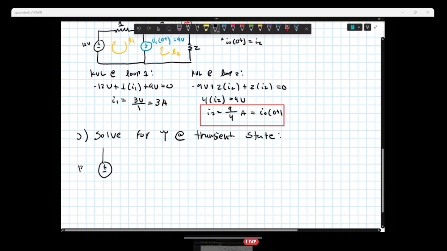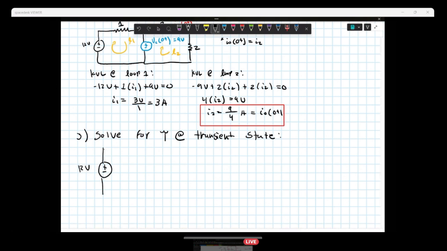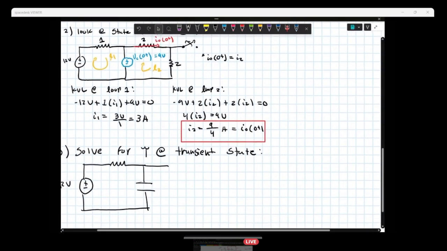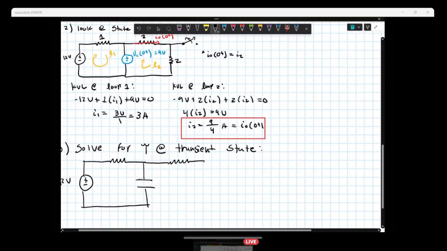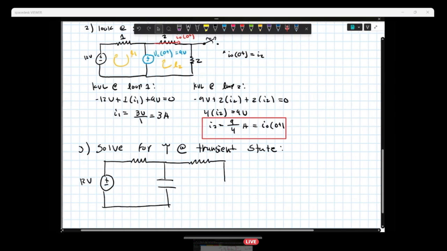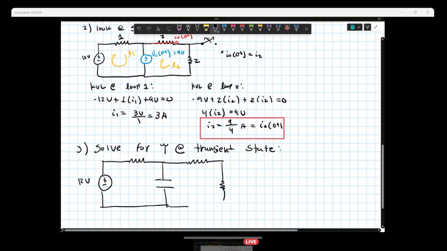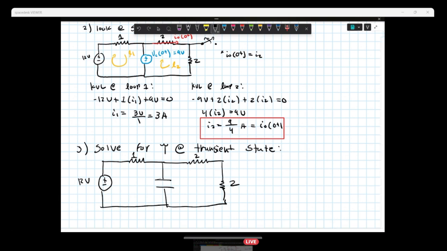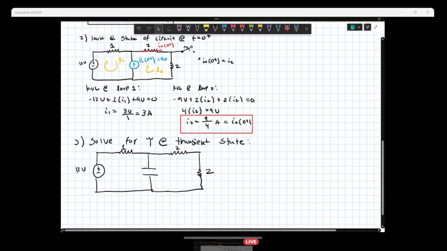Plus minus 12 volts, 1, this is the capacitor here, this is 2. Because we have to find resistance. I'm keeping it as a capacitor, just so people can see.